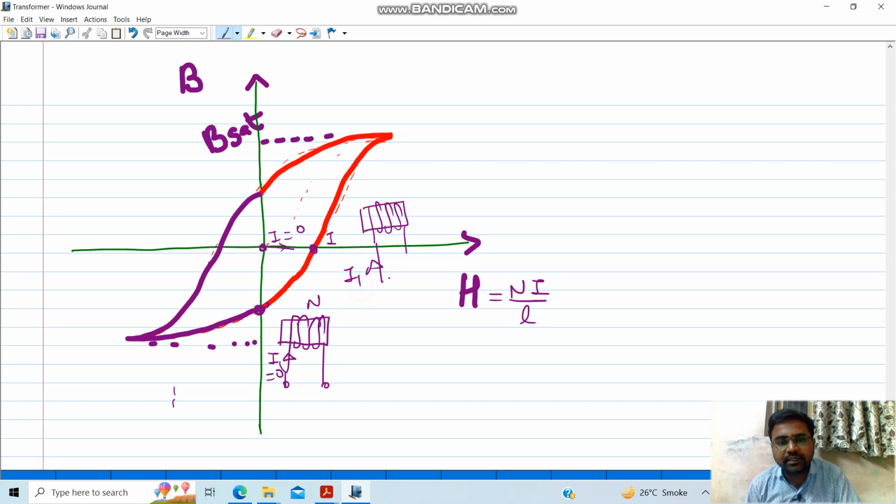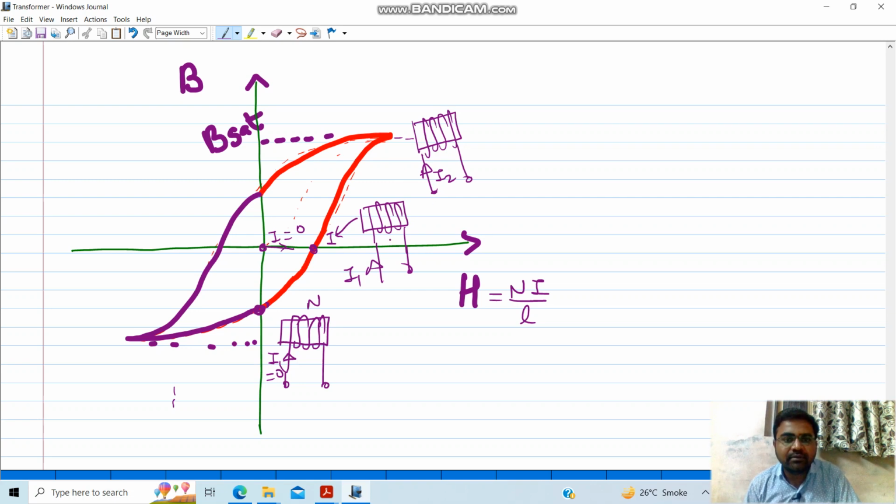Now here again if you plot, let's say I1 current is flowing at this point, and at this point let's say I2 current is flowing. If you go beyond this current, there will be no more magnetic flux. This is known as the saturation of the magnetic material.